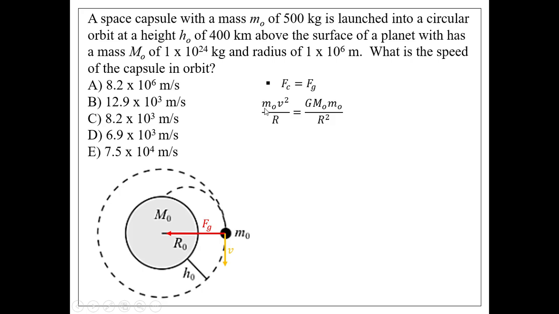It's important that you recognize what mass is needed here. An object that is in orbit will experience centripetal force. Using common sense, you have a planet and you have a space capsule. In this frame, it's the capsule that is moving. So the mass you put here is the mass of the capsule, which is denoted as m naught for this problem. So it's important that you know which mass to use.